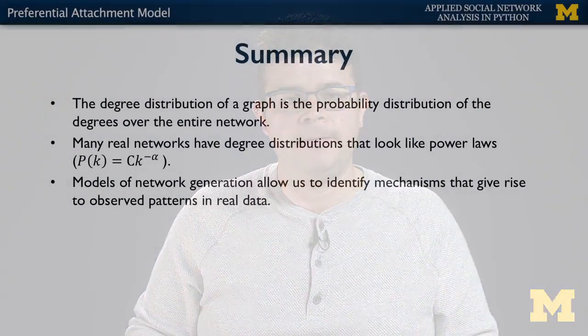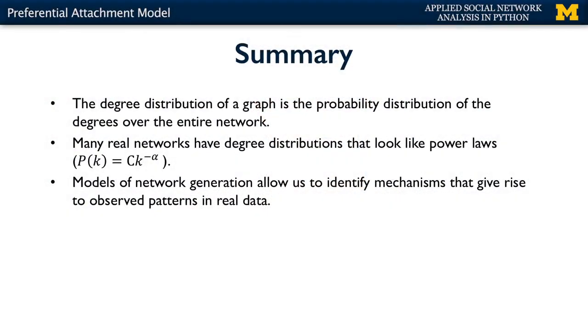So in summary, the degree distribution of a graph is the probability distribution of the degrees over the entire network. And in many real networks that we see, this degree distribution tends to look sort of like a power law because it looks sort of like a straight line on a log-log scale. And we also discussed that models of network generation allow us to identify mechanisms that give rise to patterns that we observe in real networks.